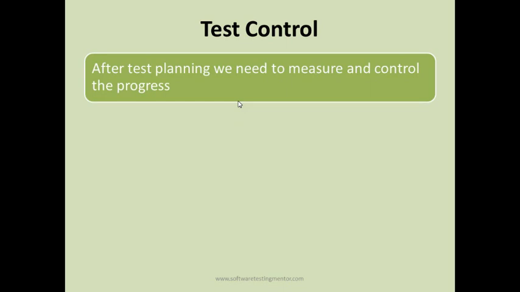Once your planning has been done, there has to be some criteria to measure and control the progress. So test control is nothing but you are basically measuring how the test progress is going on, and you are controlling the progress.